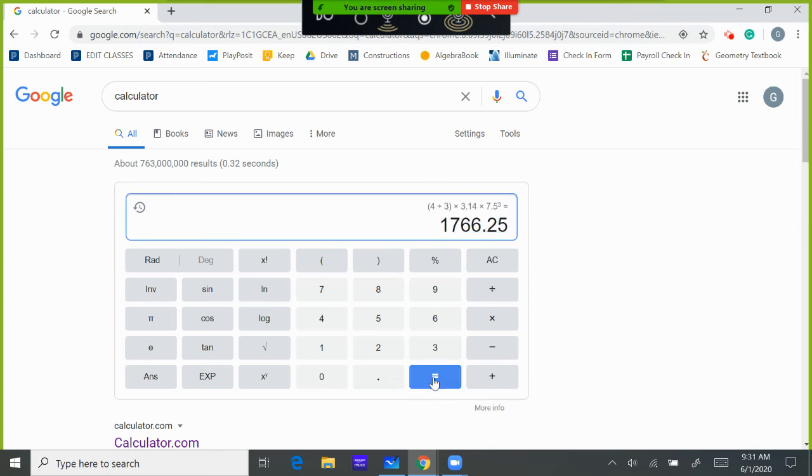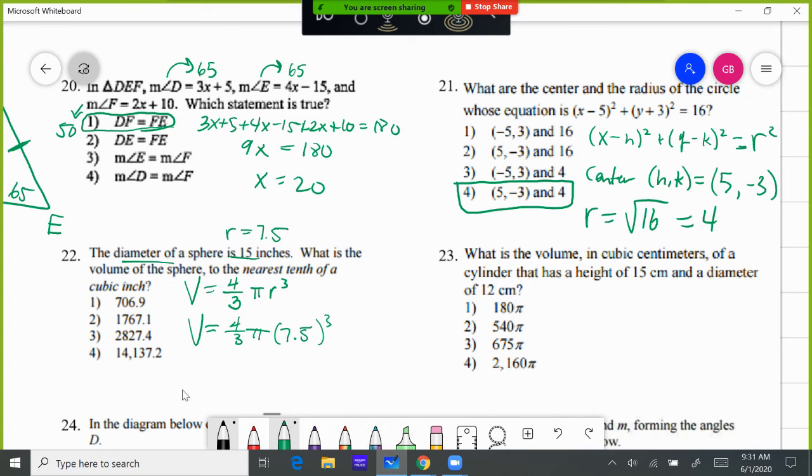Okay, enter. So we get 1766.3 approximately. Okay. So this is the nearest number here.